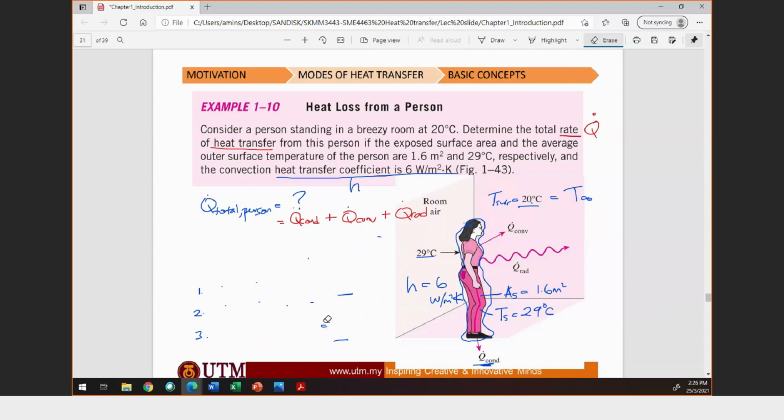If you look at the area in more detail, let's say this is the shoes. This is 29 degrees Celsius and this is 20 degrees Celsius. So there is some heat conduction here.